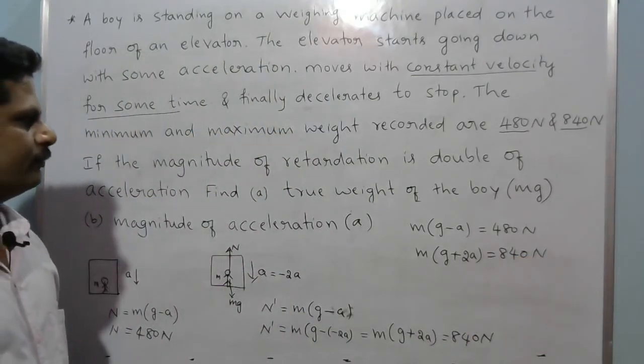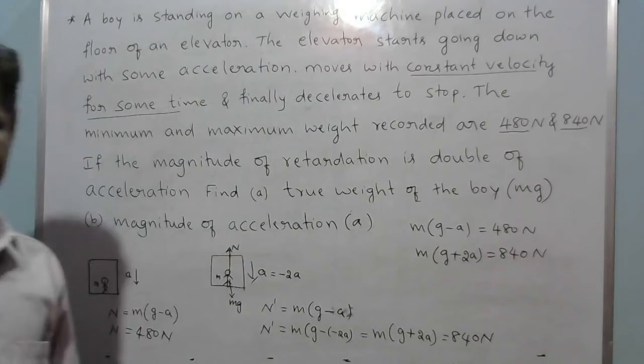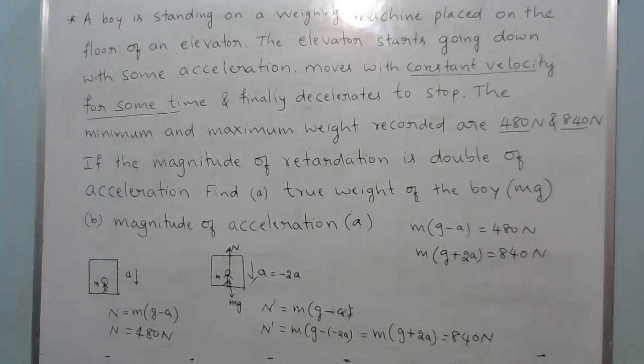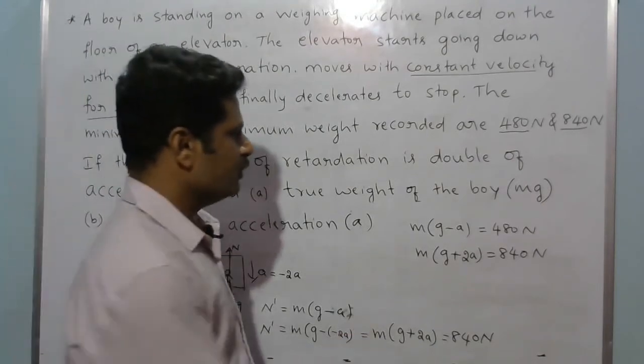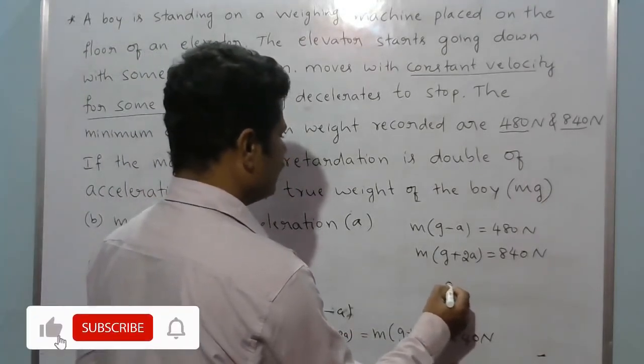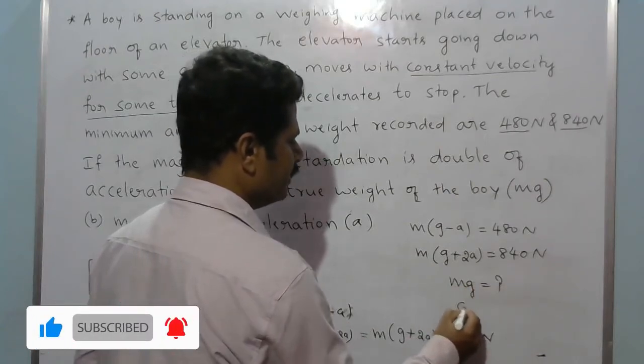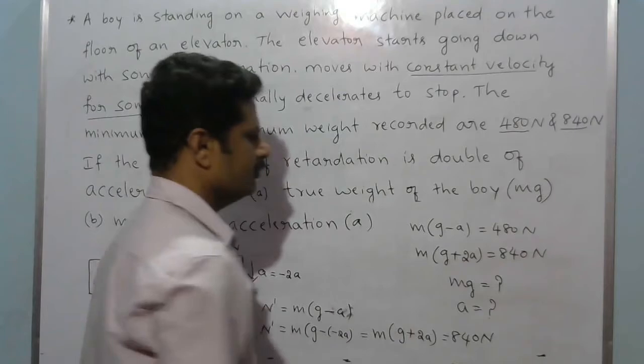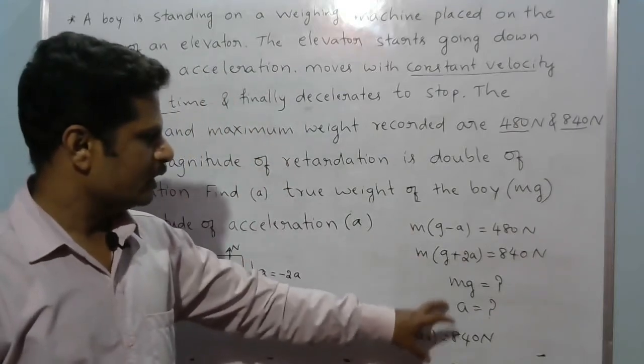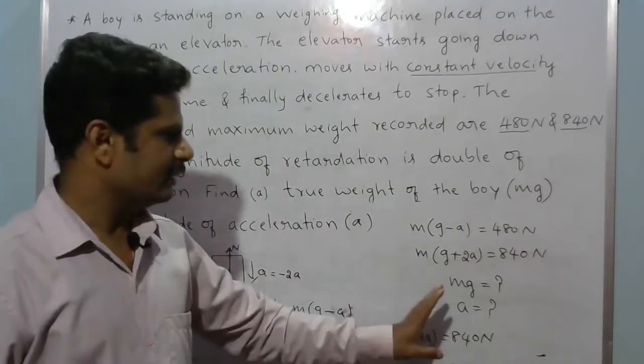We got like this, no? So now let me solve this. We need to find out the weight of the body, that is mg, and a. So by solving these two we can get mg as well as a. That we can see now.